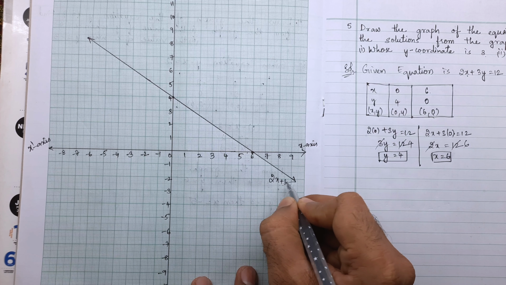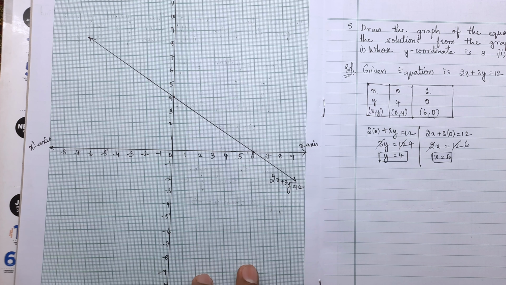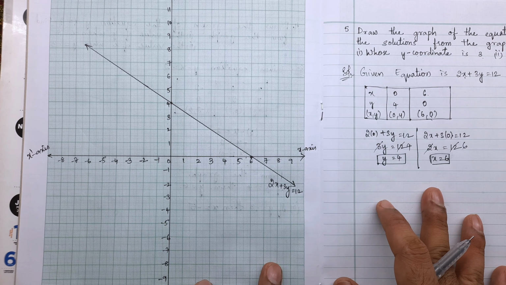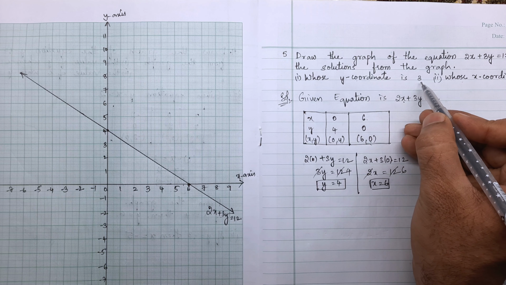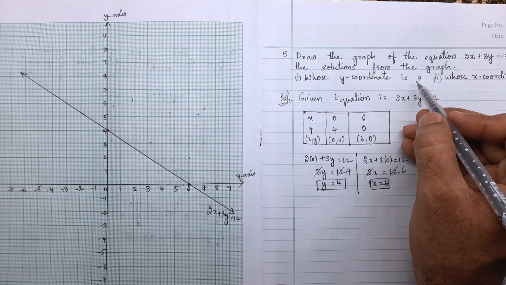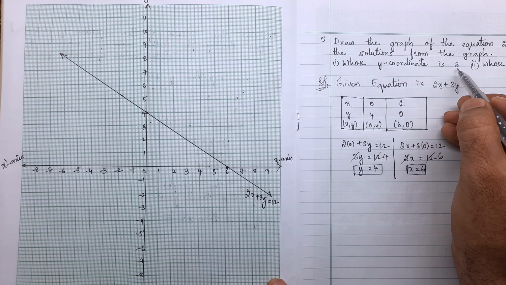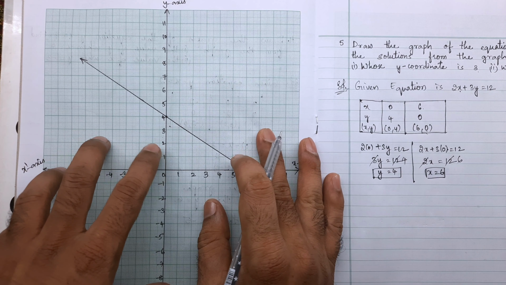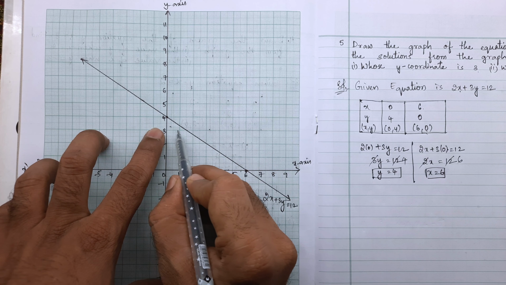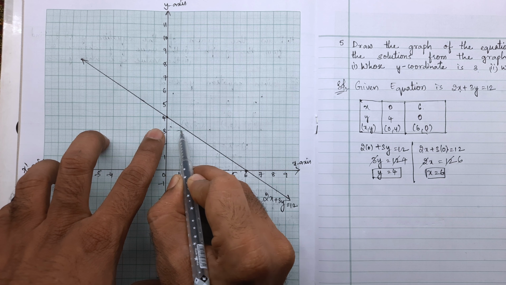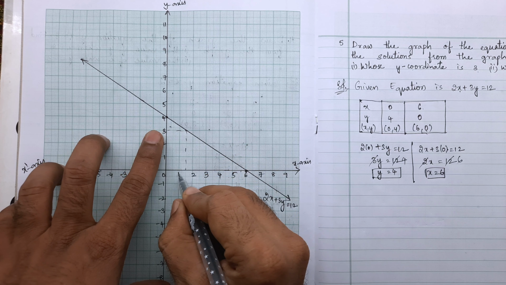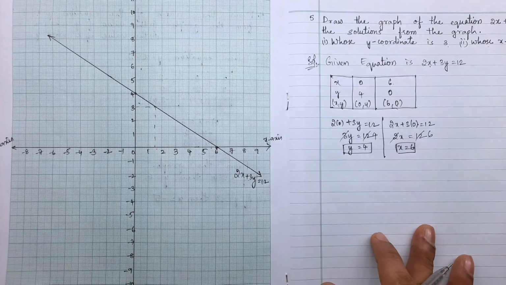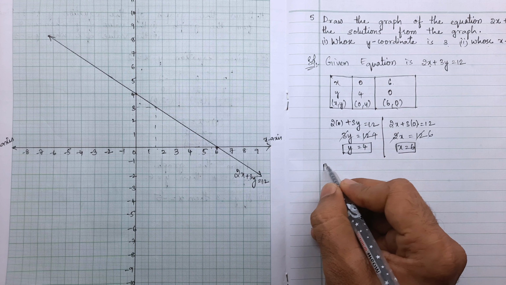This is 2x plus 3y equals 12. Here they have asked for the point whose y coordinate is 3. So when y is 3, the value of x is 1.5. And 1.5 is nothing but 3 by 2.